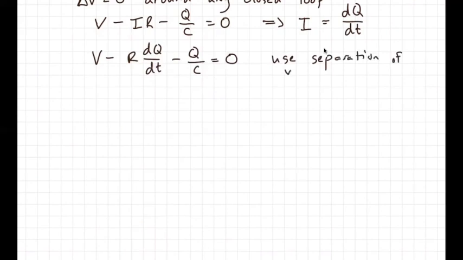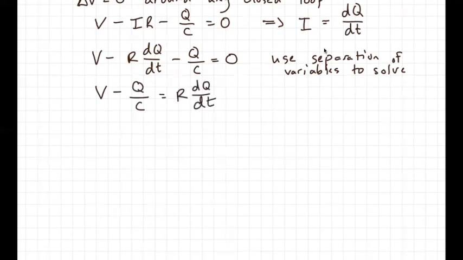And to remind you of what that is, we try to get all the Q parts on one side of the equation and all the T parts on the other side of the equation, and then we simultaneously integrate. So what that looks like is I've got a dq dt. So what I'm going to do is I'm going to move the dq dt part over here.